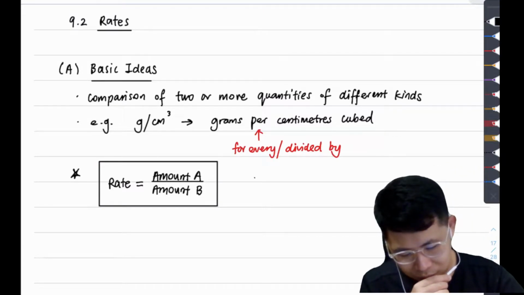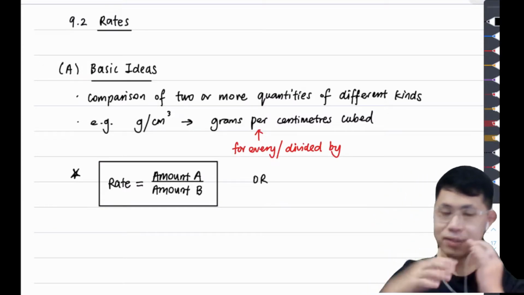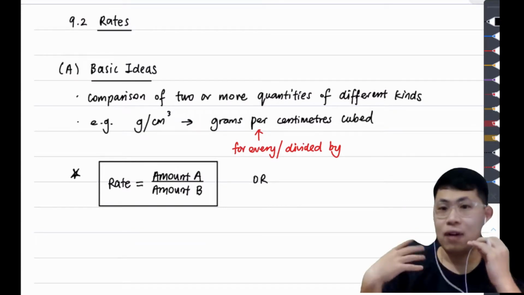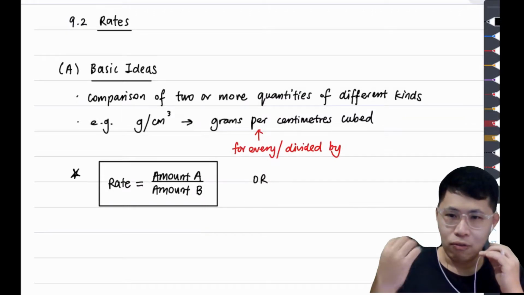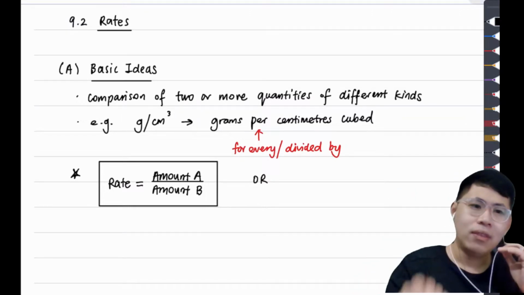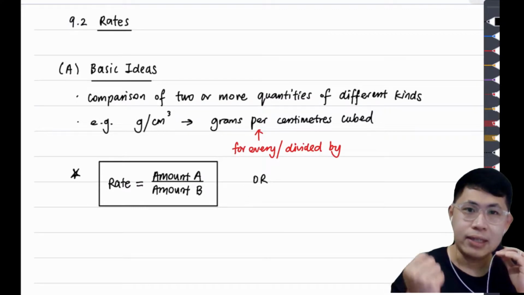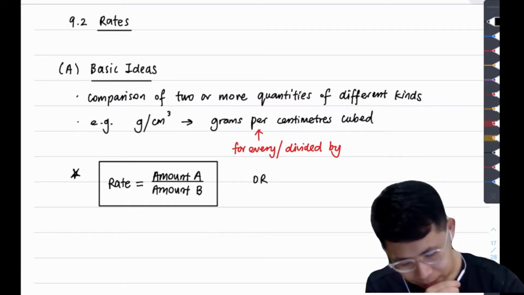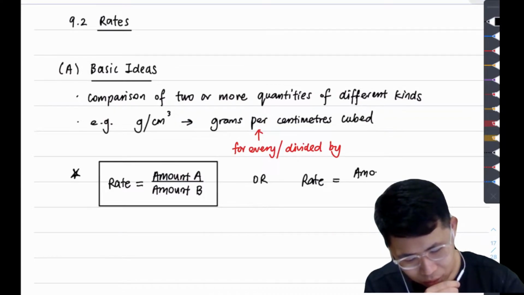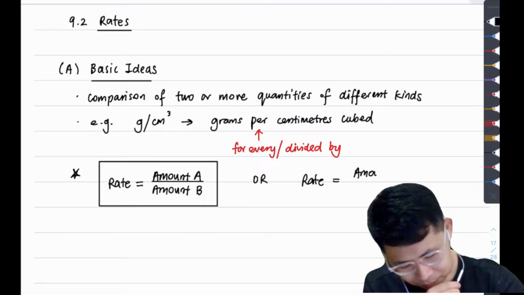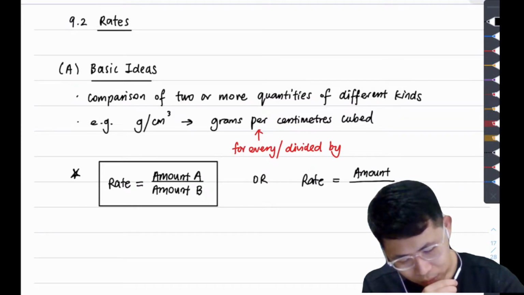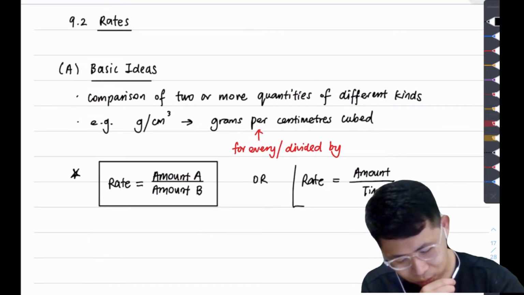Another way of saying rate is how fast or how slow we are doing things. Whenever we talk about how fast or how slow, one of the quantities involved is time. So we also have rate equals the amount of things to be done, or the amount that we are looking at, divided by time, to see whether it is fast or slow.